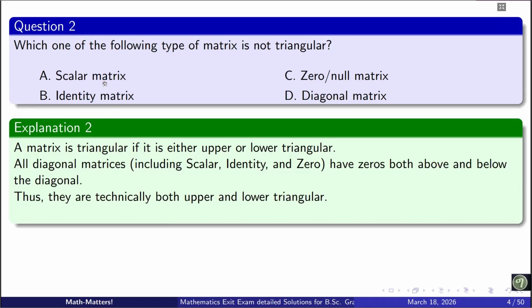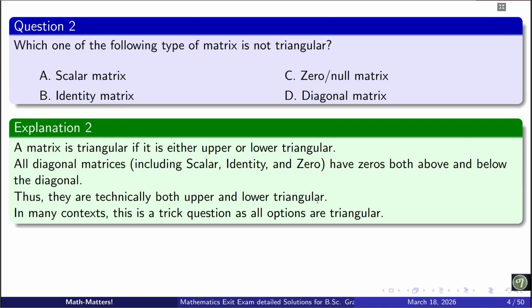That means the scalar matrix, identity matrix, diagonal matrix and zero matrix are all both upper and lower triangular matrices. So in this case, in many contexts, this is a trick question, as all options are triangular matrices.